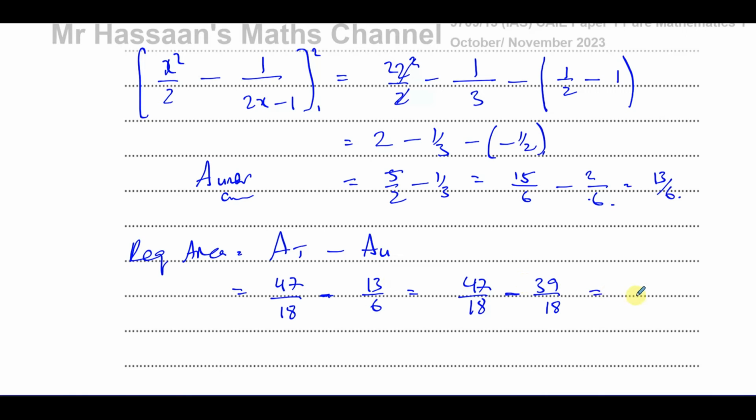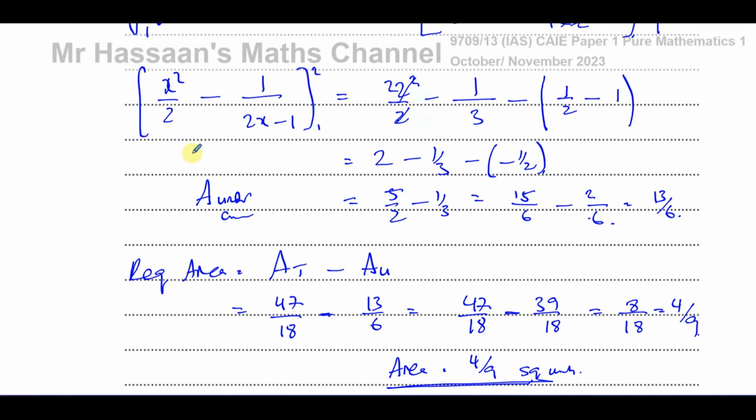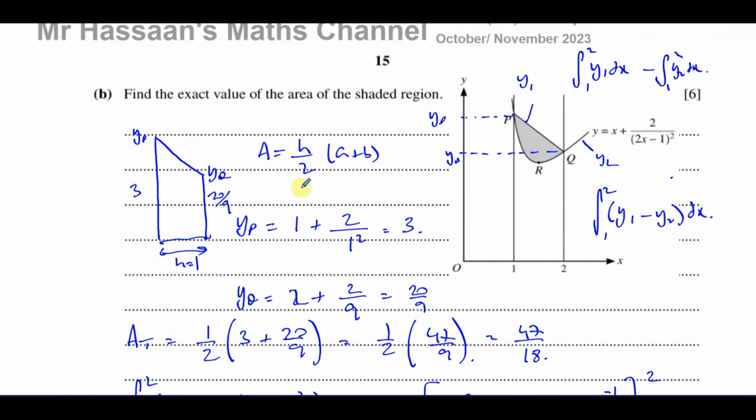So 47 take away 39 is how much? That's going to be 8 over 18, which is the same as saying 4 over 9. So the area is 4 over 9 square units. There's the answer to that question using the trapezium as well as integration.